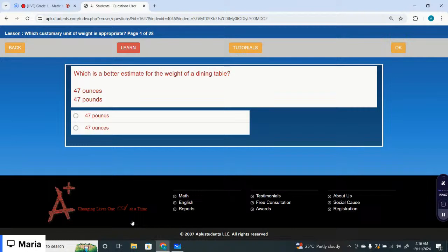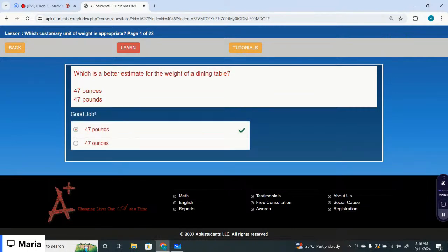Very good. That is 47 pounds. Option number one is the correct option.